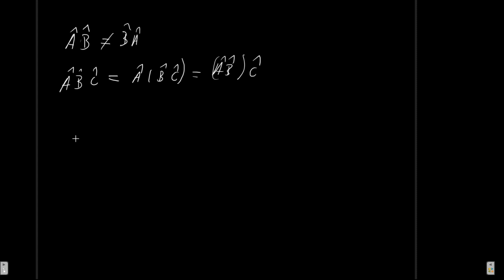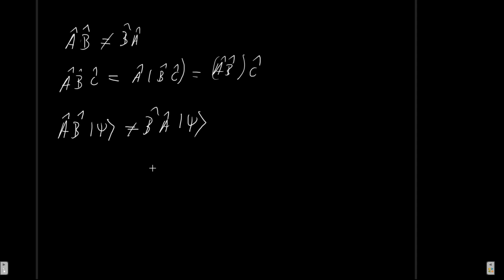Then, just to make it very clear, the order is important. In case it wasn't clear when I said it there, if we have A acting on B acting on some state vector psi, this is not necessarily the same as having this.